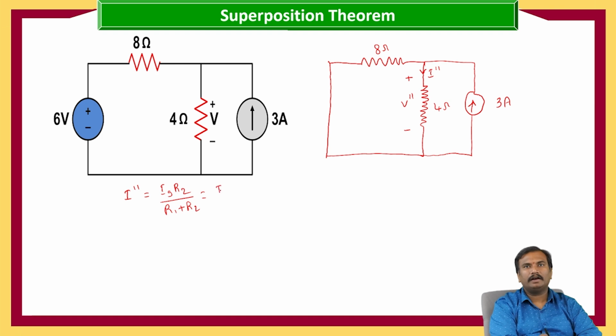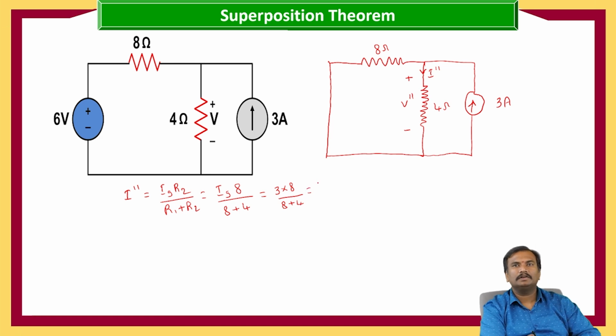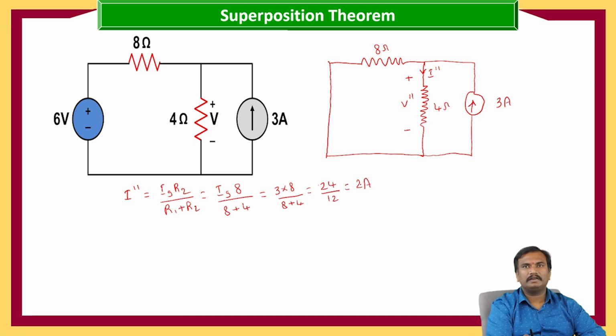Here the opposite resistance is 8 ohms, so 3 into 8 by 8 plus 4, which is equals to 24 by 12, that is 2 amperes. Now we got I double dash as 2 amperes and V double dash is equals to I double dash into 4, that is 2 amperes into 4, which is equals to 8 volts.